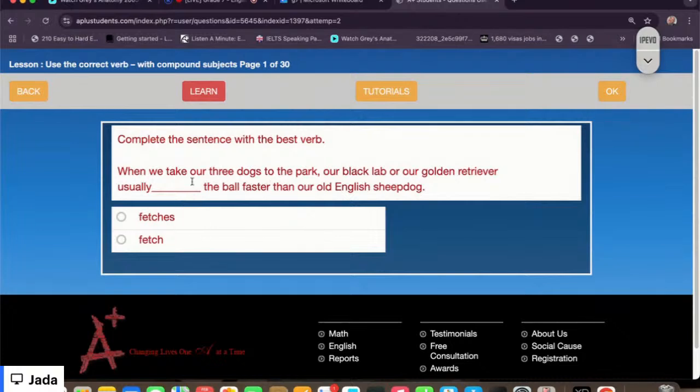All right, so when we take our three dogs to the park, our black lab or our golden retriever usually dash the ball faster than our old English sheepdog. Which of these is the right one? You can check and tell me your answers.